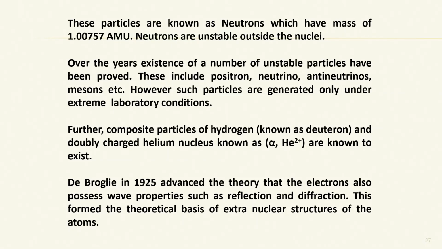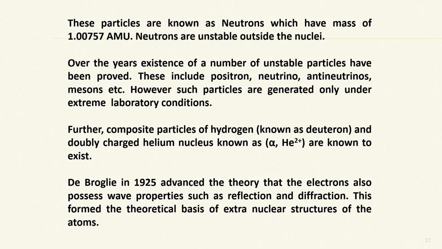Outside the nuclei, on their own, neutrons are not there. They are heavy energy particles and they keep on running around until they hit something and then get absorbed. So, over the years the existence of a number of other unstable particles has been proved. These include positrons, neutrinos, antineutrinos, mesons, etc. These are all unstable particles.